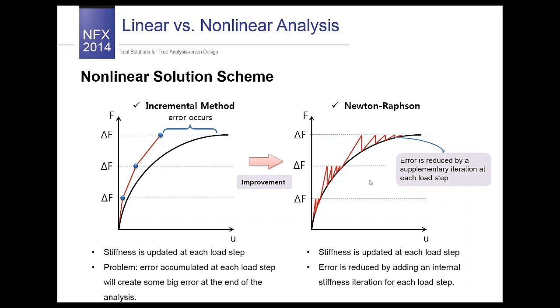So Newton-Raphson is a slightly updated method compared to the normal incremental method. The load is split into small increments with additional iterations performed to ensure that equilibrium is satisfied at every load increment.